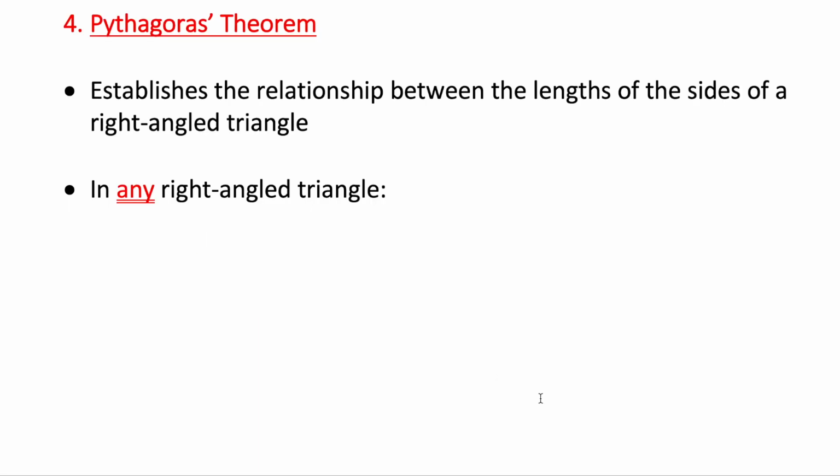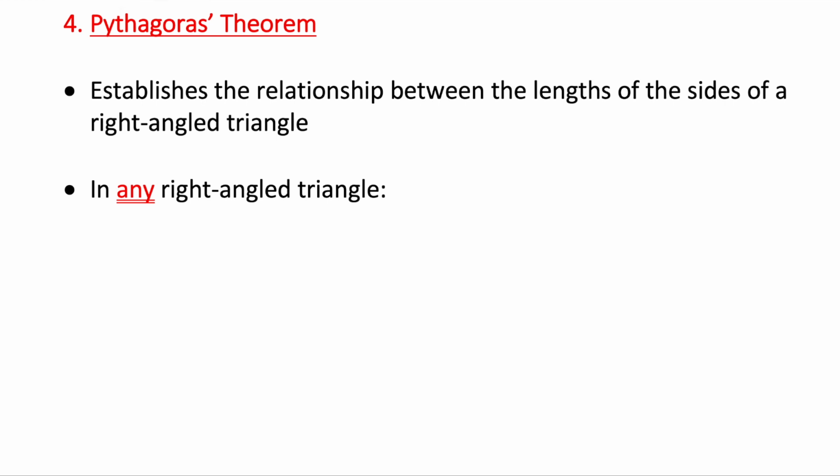The Pythagoras theorem establishes the relationship between the lengths of the sides of a right angled triangle. It's important to notice here that any right angled triangle will follow this theorem. And what is the theorem? Exactly what we established just before.